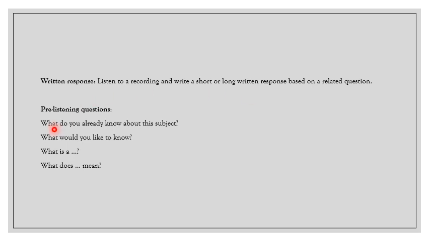Now the next kind is pre-listening questions, the ones before listening. These are like, what do you already know about this subject? You know what you're going to listen to and you are asked this general question: what do you know about the subject? What would you like to know? Or maybe this question: is there anything that you would like to know?